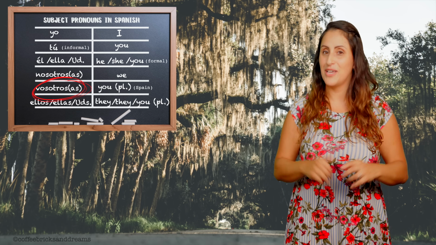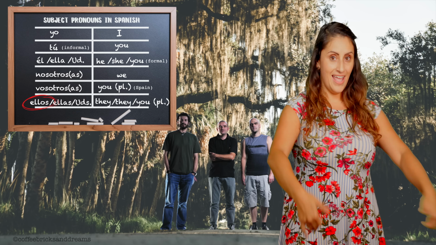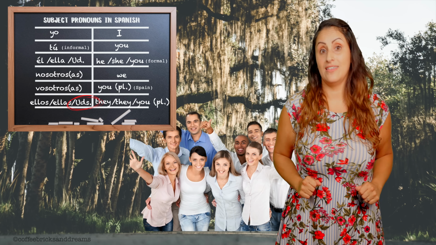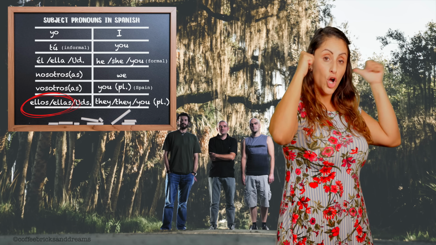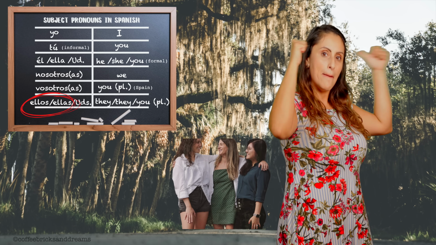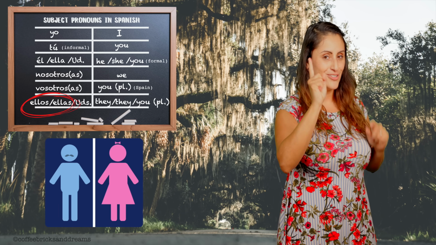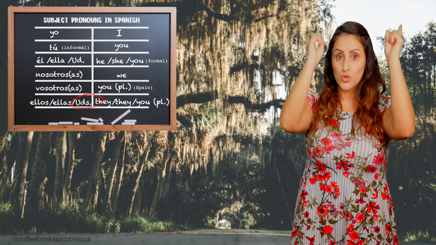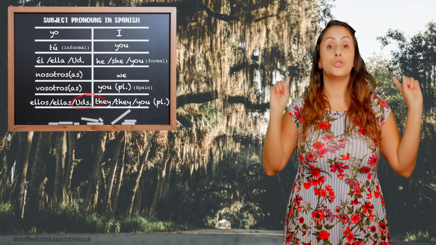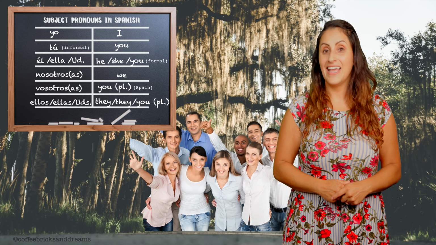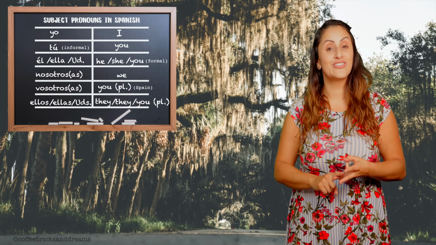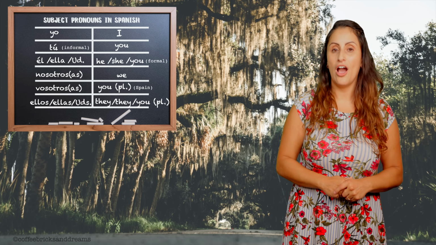And of course, we have to worry about gender. And finally, we have ellos, ellas, and ustedes. So ellos and ellas, we're talking about them. Again, gender plays an important role. And ustedes, I'm talking to you guys. And again, ellos, ellas, and ustedes are on the same line on our chart.